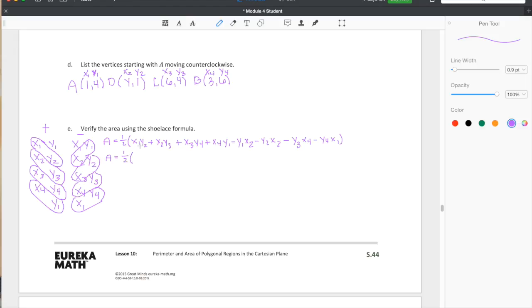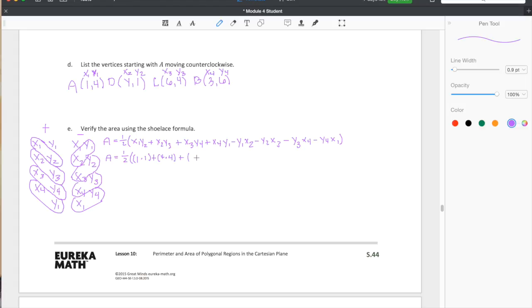So I'm going to put all of my products here in parentheses just so it's a little bit easier to read. So x1 is 1, and we're going to multiply that by y2, which is also 1. And we're going to add that to x2, which is 4, times y3, which is also 4.